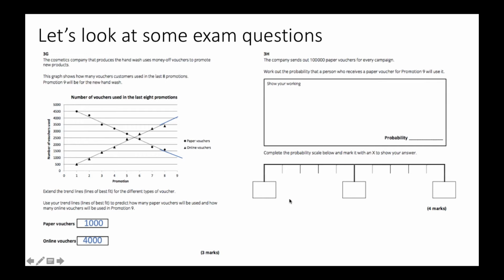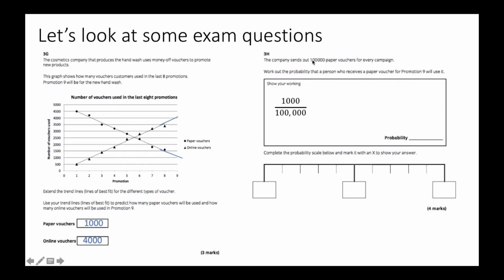Now let's have a look at the actual probability question. The company sends out 100,000 paper vouchers for every campaign. Work out the probability that a person who receives a paper voucher for promotion 9 will use it. So, you can see here that there's 1,000 paper vouchers out of 4,000 online vouchers. 1,000 paper vouchers are going to be used.